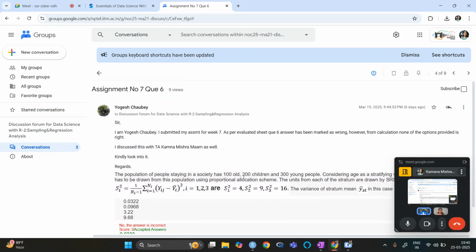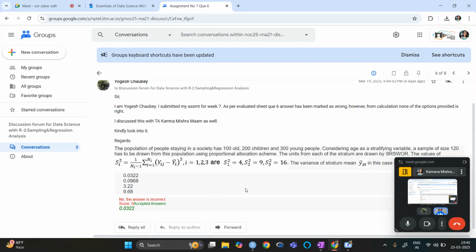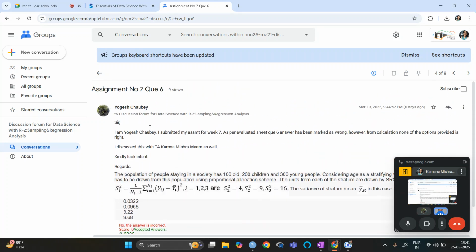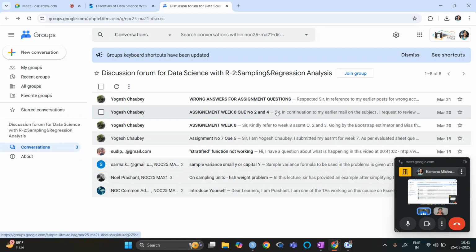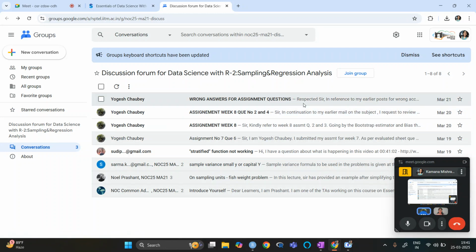But in the assignment you just take one mark, you do not give the whole answer. So you try to do it in R or by hand, put one page of it, and then say that this is the answer I got, so is it wrong? Okay, I'll do it.